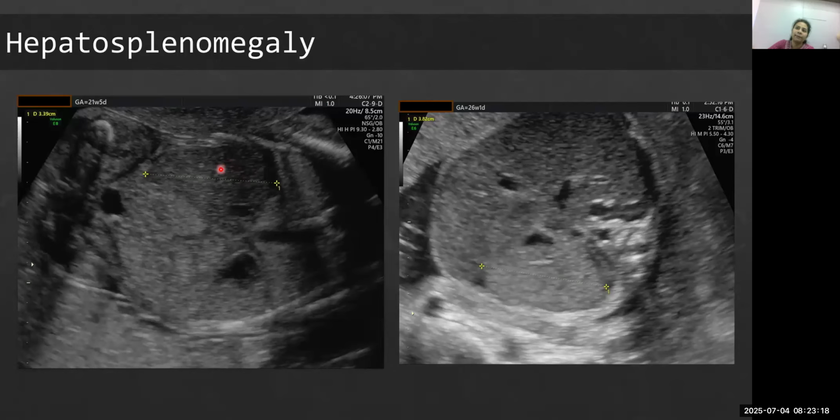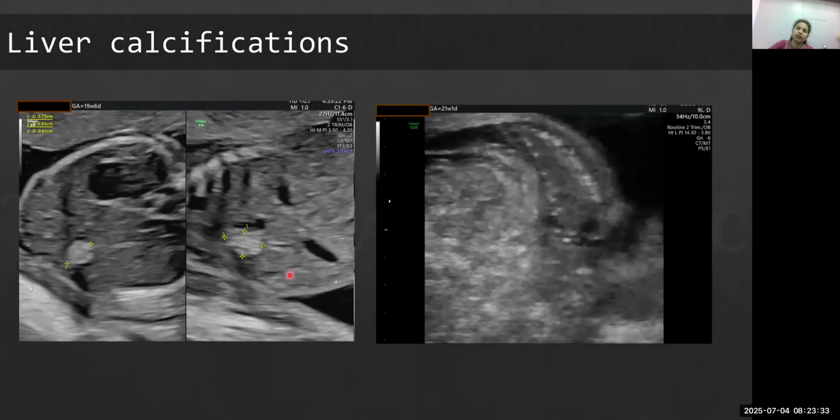So that could be hepatosplenomegaly. This coronal section shows the enlargement of the liver, and this section shows there is enlargement of the spleen. There could also be liver calcification.